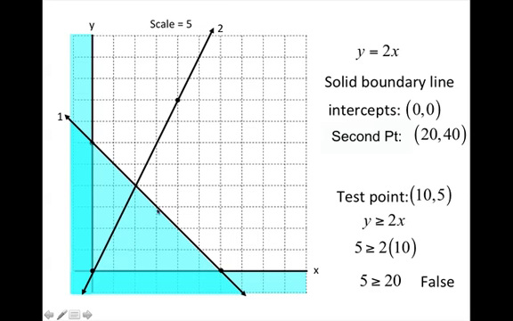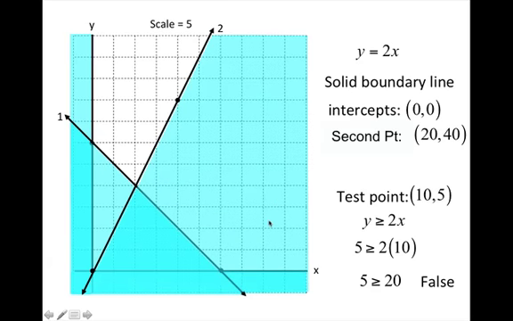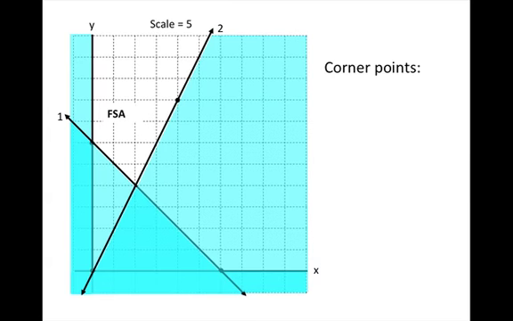So that means every point below or to the right of line 2 is false. So I mark out my false side.